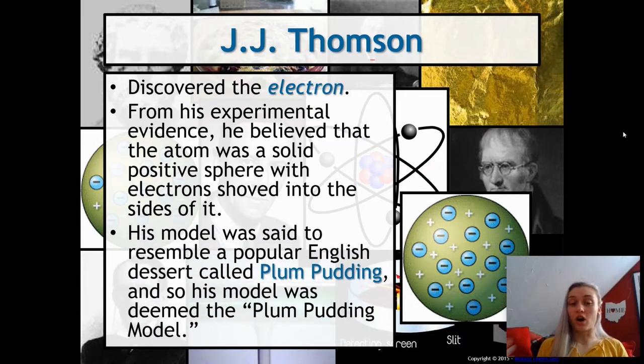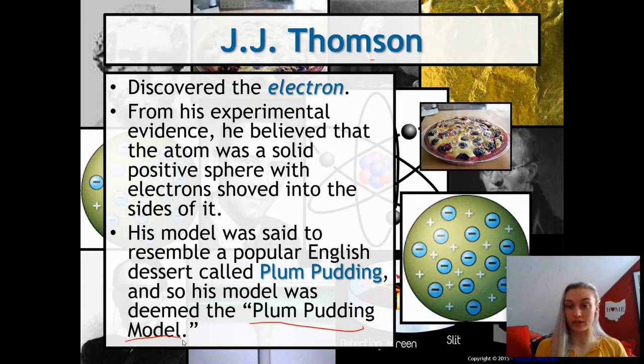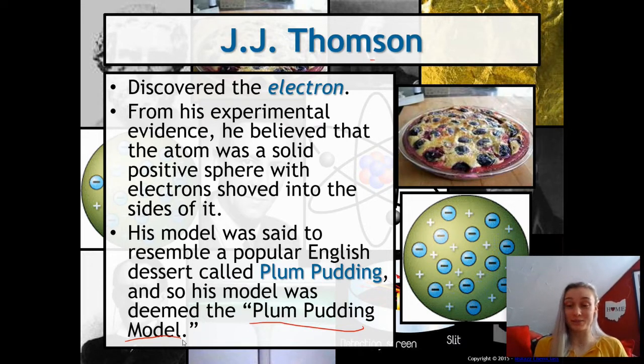And so what they call this is the plum pudding model, because like most scientists, he is a dead white guy from Europe. And so plum pudding is a European dessert that looks like this. It actually looks really disgusting to me, but that's what plum pudding looks like. So they termed it the plum pudding model because English culture was very popular back then when this was discovered.